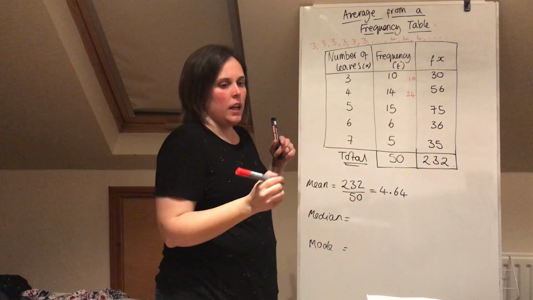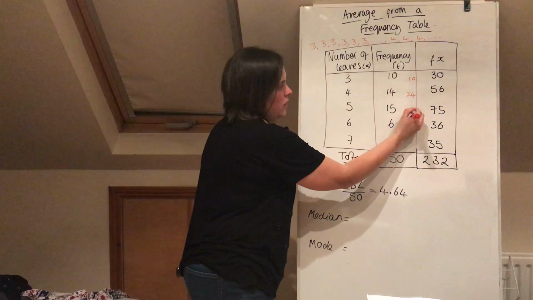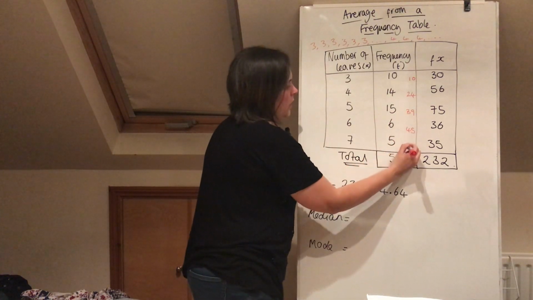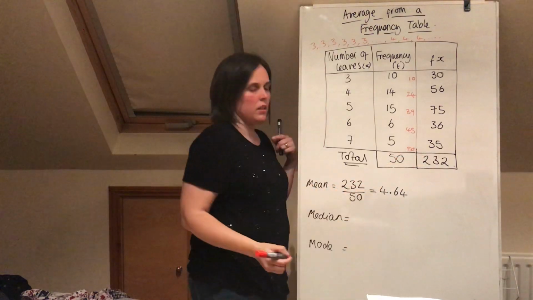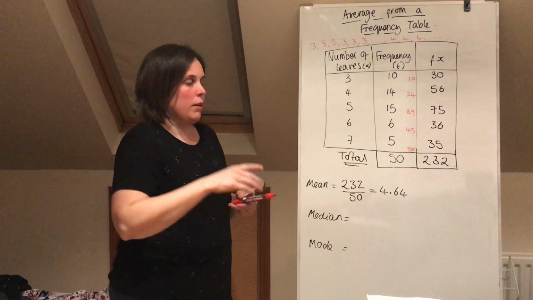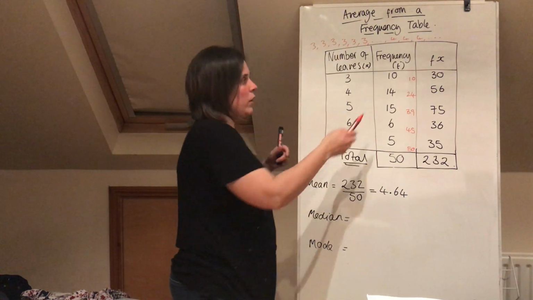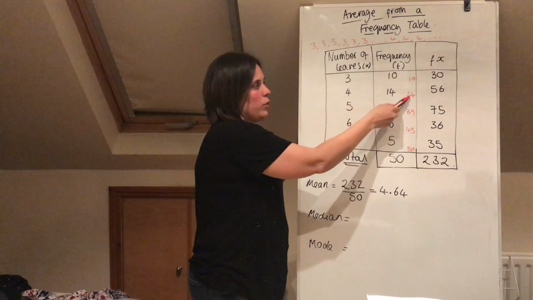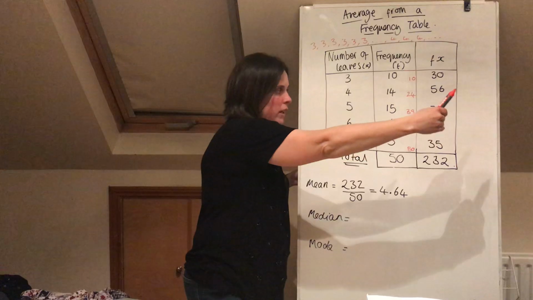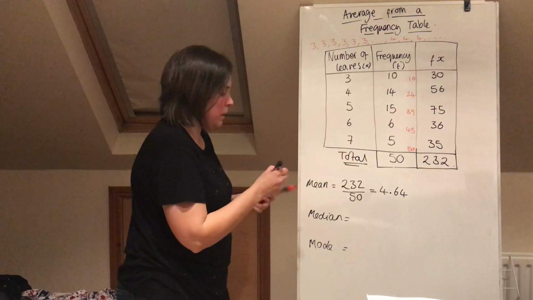If I add on 15, I'm now at 39. If I add on 6, I'm at 45, and it should be no surprise that by the end you have the total frequency. Now I'm looking for halfway, so I'm looking for the 25th value. If I do all the 3s and all the 4s, I've only got 24 numbers. The next number, the 25th value, is 5, and so therefore that is my median.